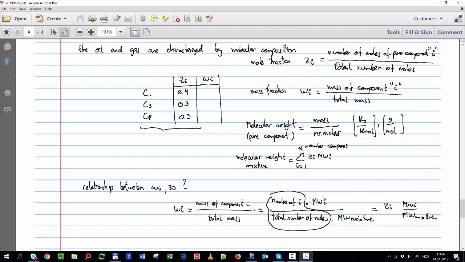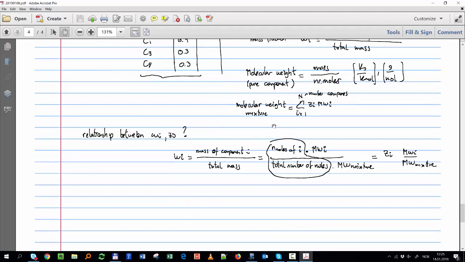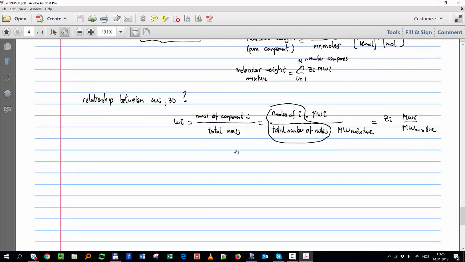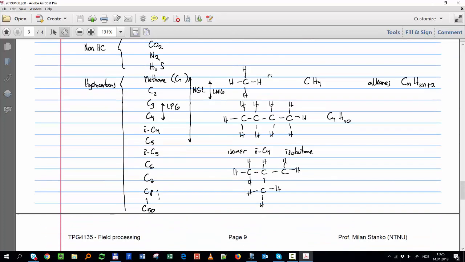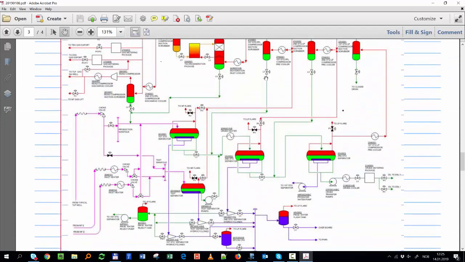So it's important to keep in mind what mole fraction is and also mass fraction. Sometimes you see documents from some plant or field based on mass fraction, and you have to be able to convert between them. And that's how far we reached during last class.